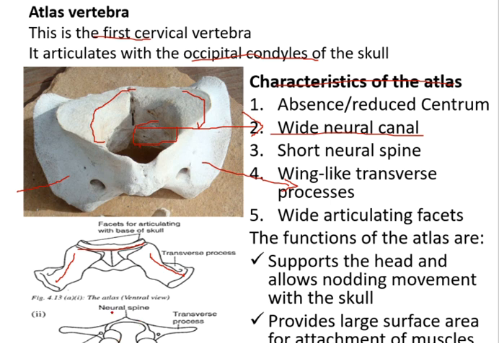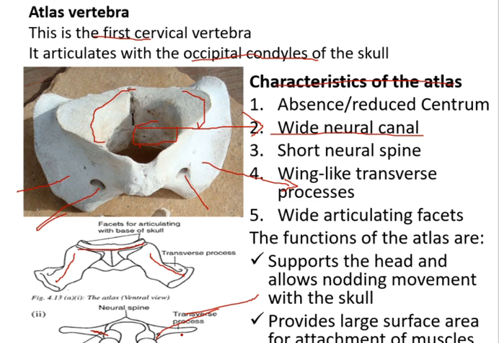Then another view, we have the vertebral canals here. For example, these 2 are vertebral canals which allow passage of nerves and blood vessels. Then the vertebraterial canal is also here for passage of blood vessels and nerves.